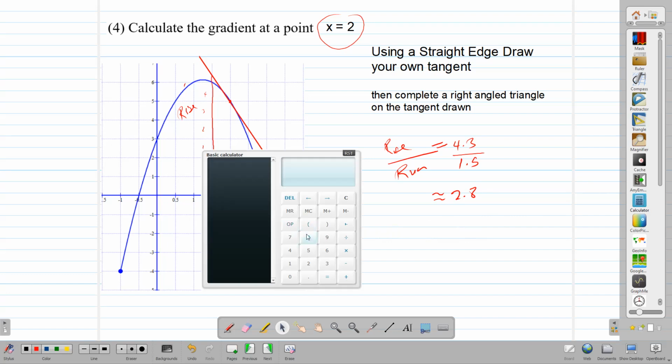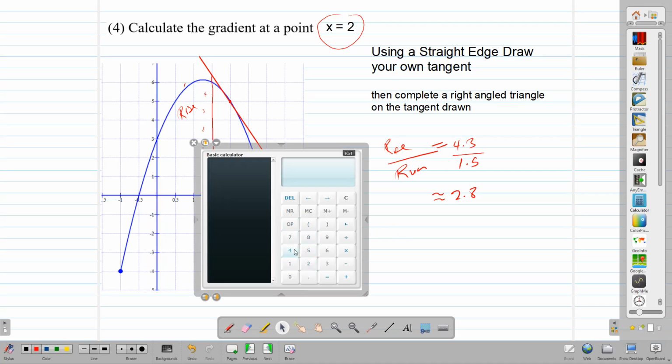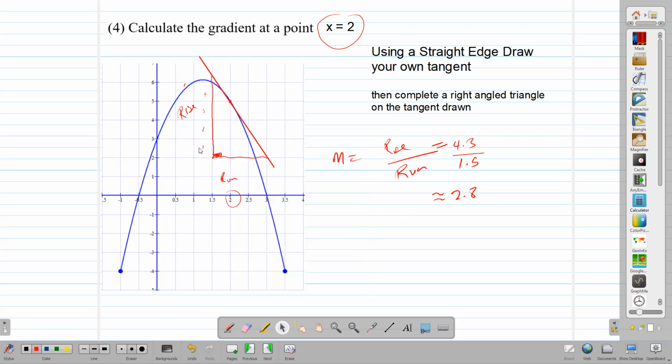So we can have 4.3 divided by 1.5, and that will give us 2.86, or 2.9. Again, when you do these things, you will often get an estimate of what it is, and that would be your gradient.